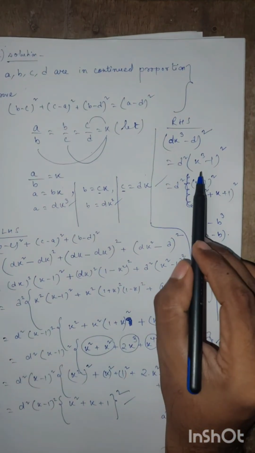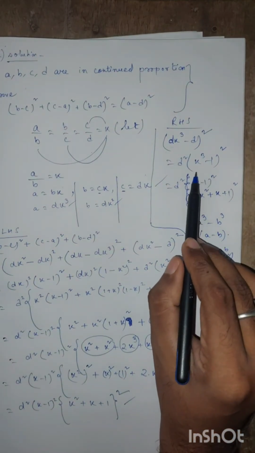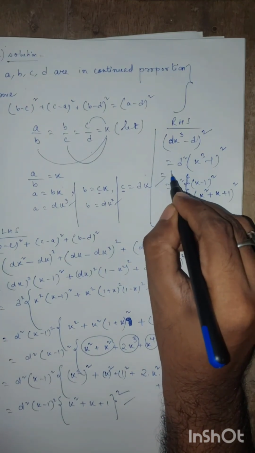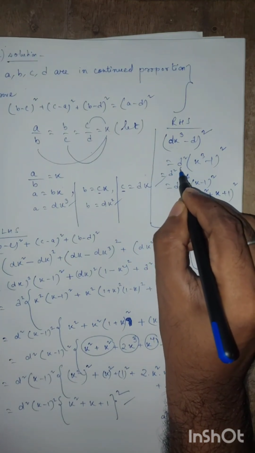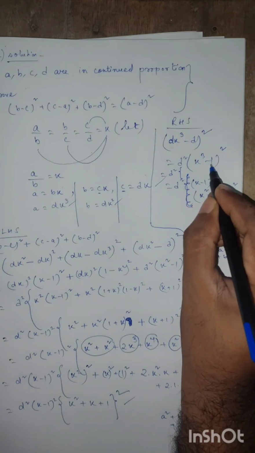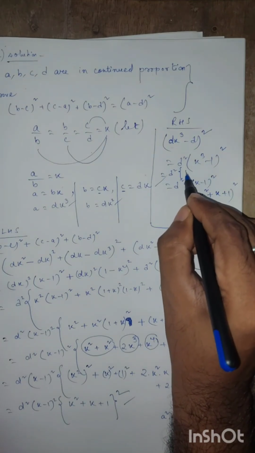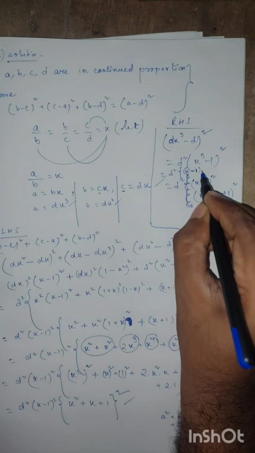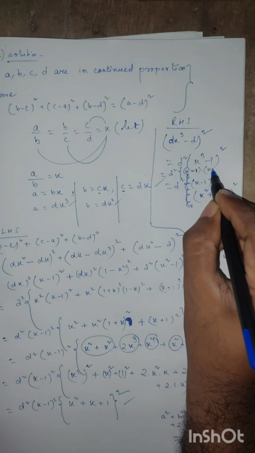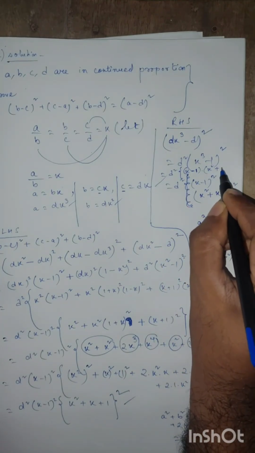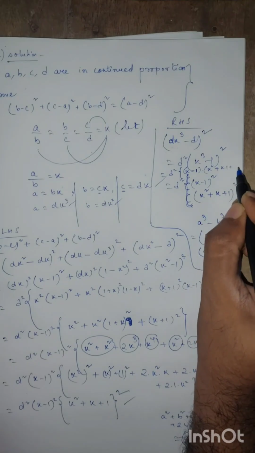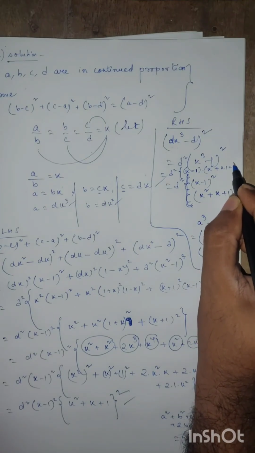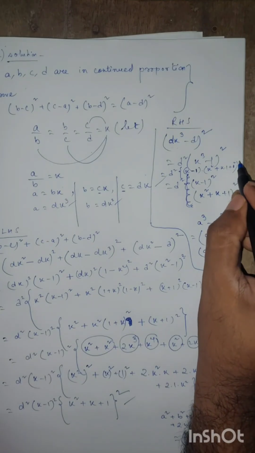Okay, this is our formula. So k cube minus 1 can be written as k minus 1 into k square plus k into 1 plus 1 square, whole square.